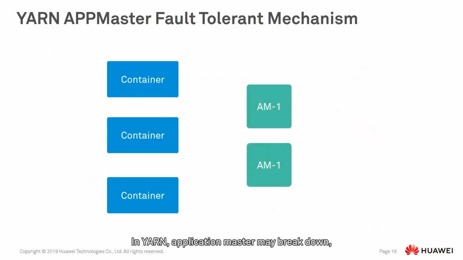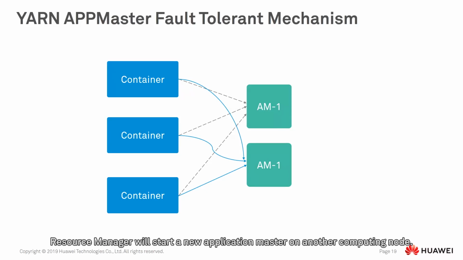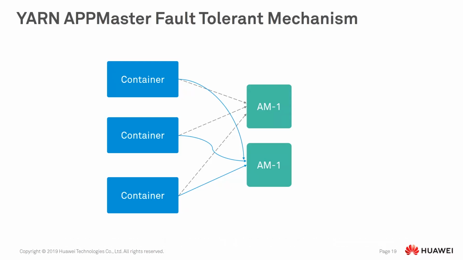In Yarn, application master may break down, exit, or shut down for various reasons. If an application master goes down, resource manager will close all the containers that it manages, including containers where tasks are running, and the resource manager will start a new application master on another computing node.